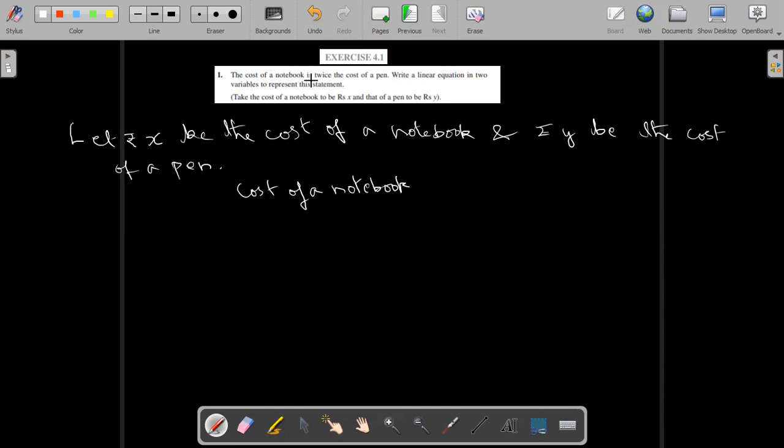Wherever 'is' is written, you can replace it by is equal to. Then twice you can replace by 2 into cost of a pen. Now the cost of a notebook is x and cost of a pen is 2y. So we get the equation x minus 2y is equal to 0.